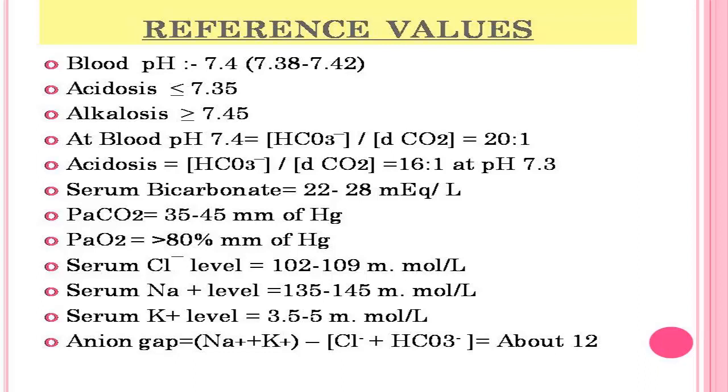So the anion gap is the summation of sodium and potassium ions minus the summation of chloride plus bicarbonate ions, and the value will be around 12. When the value of anion gap is above 12, then it will be high anion gap. In case of acidosis, it has a very important implication which you will learn in this class later on.